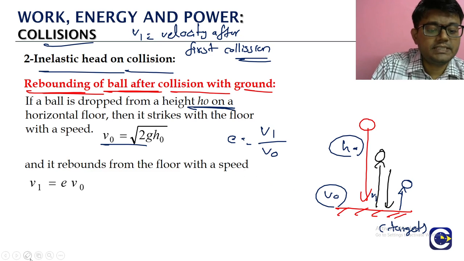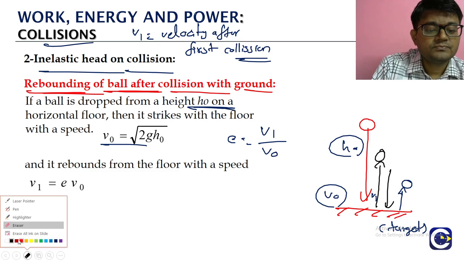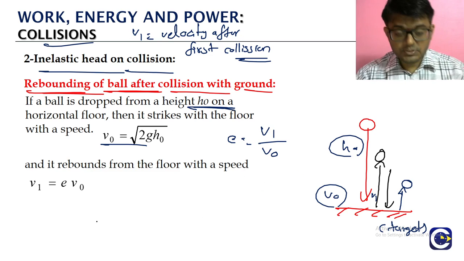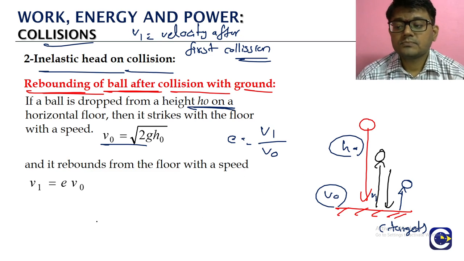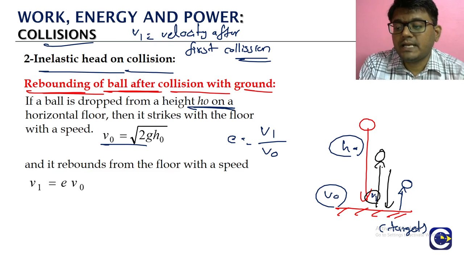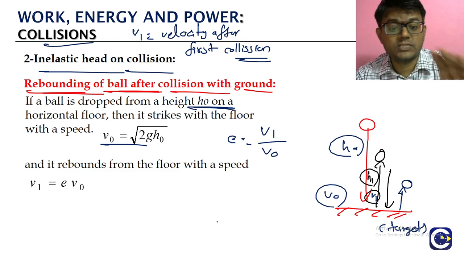So the velocity of the ball after the first collision, v1, is e times v0. On the basis of the velocity v1, it will go to a height h1. What is h1? It is the height the ball will go after the first collision.